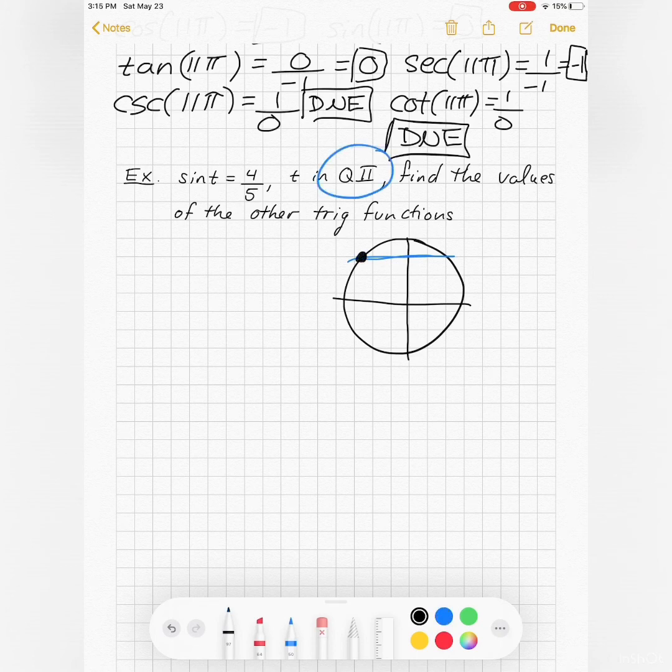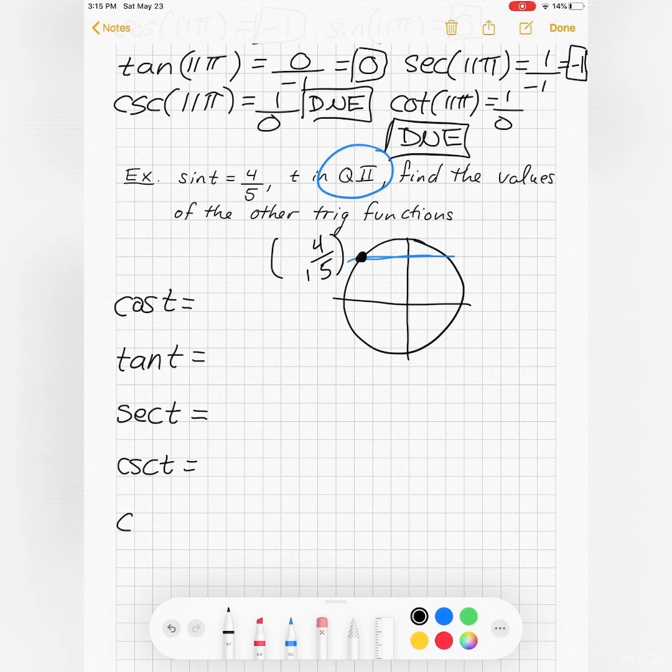So the point I'm interested in is somewhere over here. I don't actually know the t value, but my goal will be, can I fill in cosine, tangent, secant, cosecant, and cotangent, just because I know sine?